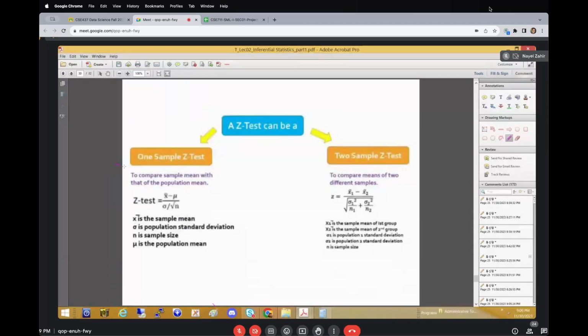For the two sample g-test, we use the mean of the first sample, the mean of the second sample, the variance of the first sample, the variance of the second sample, and the number of elements in each sample. Then we get the g statistic, and based on it we compare with the g score or g critical value, and then either accept or reject the hypothesis.